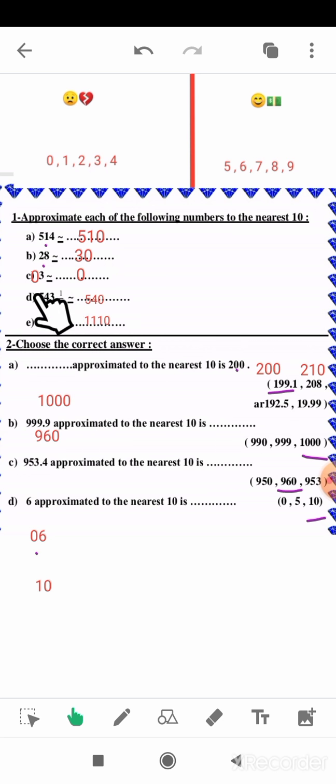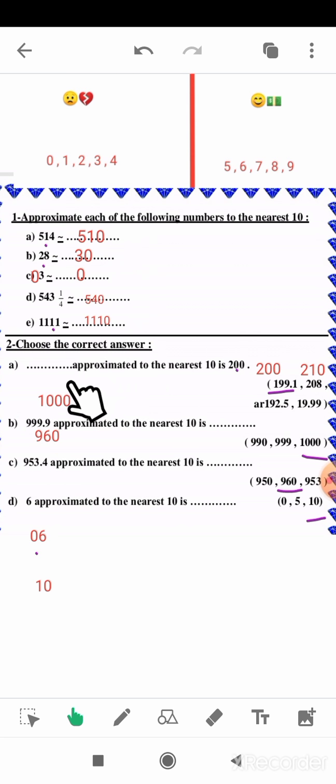To approximate this number, I will look at the unit digit. The unit digit is 3, so I will cancel 3 and put 0 because it's a poor number. Here I have 1111. Let's look at units. Units is 1. 1 is a poor number, so it will be replaced by 0.